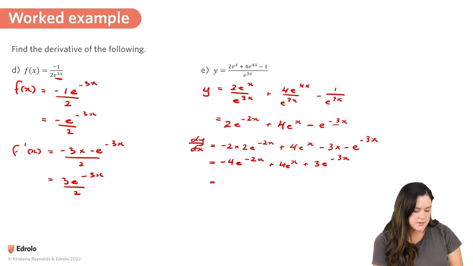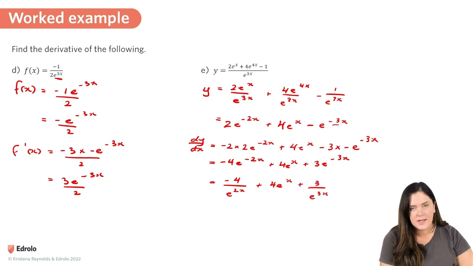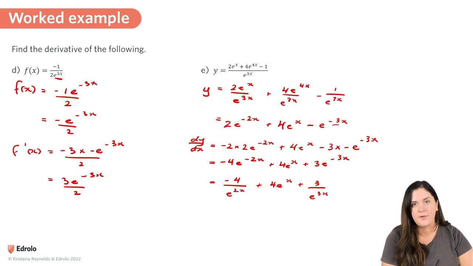So doing that, I'll have -4 at the top for this term, and then the e to the 2x will be the denominator. This 4e to the x will stay the same. And for the next one there, the e to the 3x will be at the bottom. So our derivative for our last question there, we have -4 over e to the 2x plus 4e to the x plus 3 over e to the 3x.